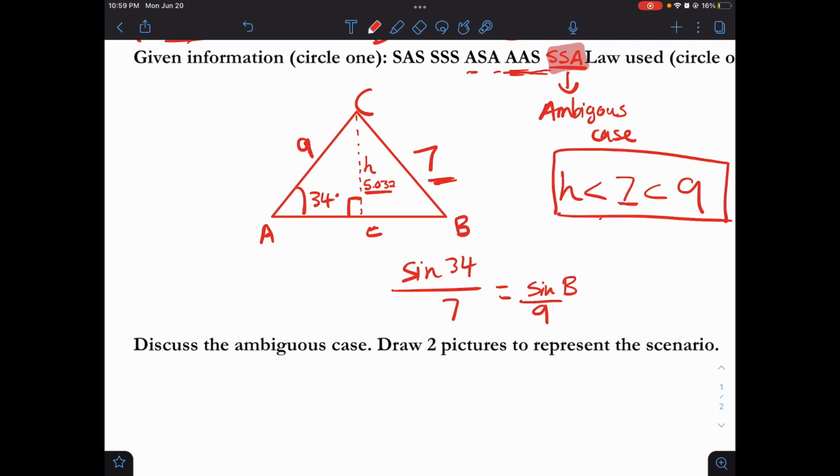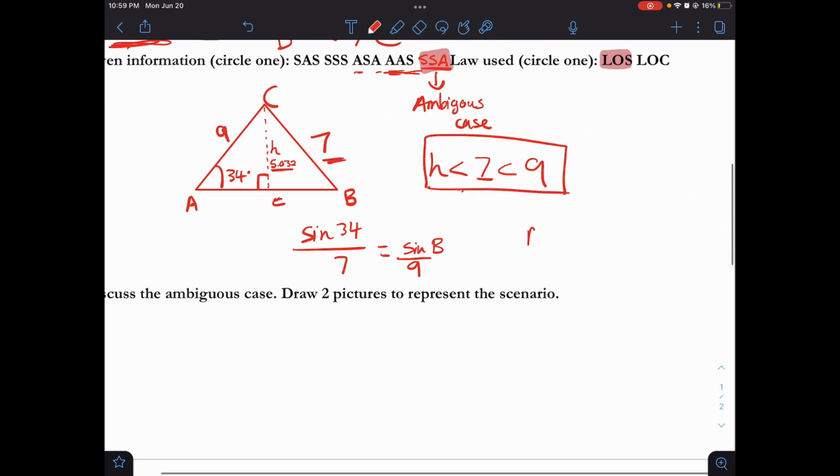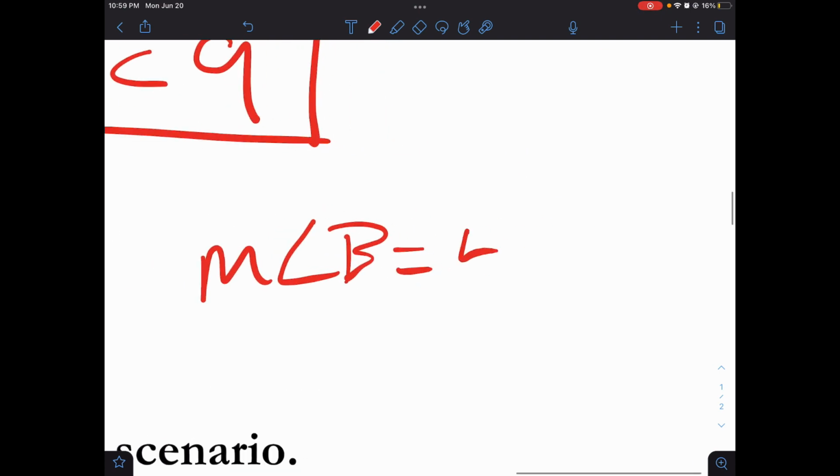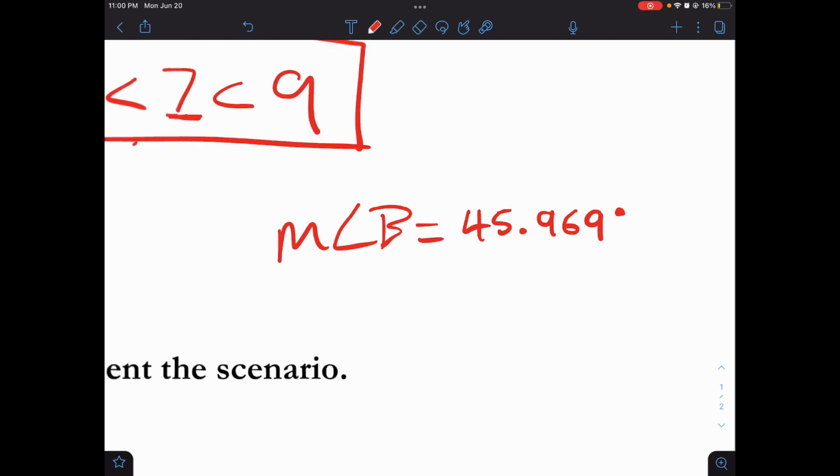Then we'll take the inverse sine because we're trying to cancel out this sine right here. So the inverse sine of my answer is 45 point something. So the measure of angle B is equal to 45.968 degrees. There we go.